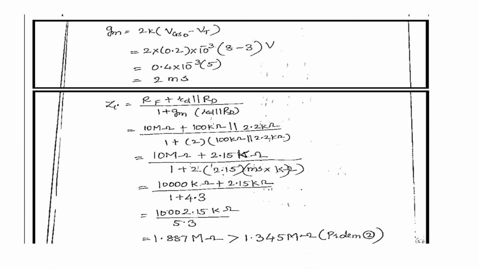Input impedance, by using the same relation, comes out to be 1.887 mega ohms, whereas when gm was 3 millisiemens it was 1.345 mega ohms.